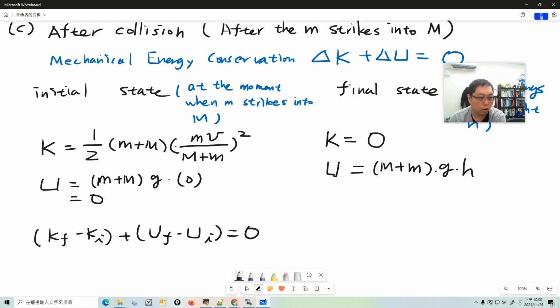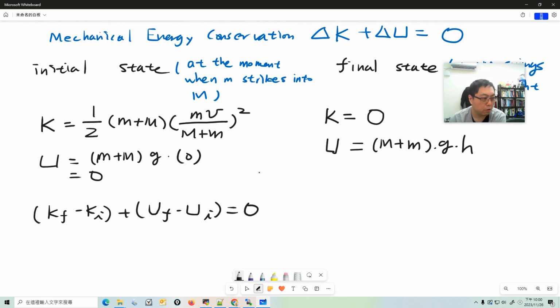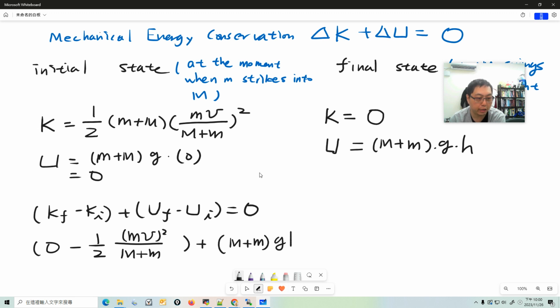So we have 0 minus 1 over 2 times M plus m, times v squared, and plus the final potential energy M plus m g h, minus 0, and that is equal to 0.